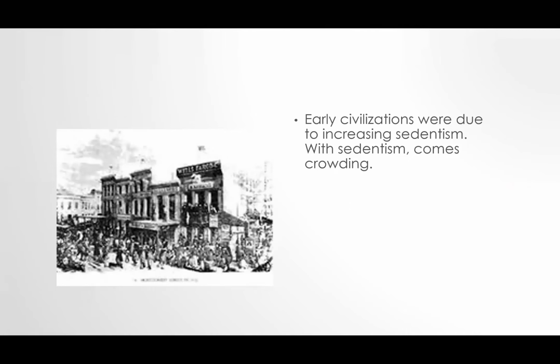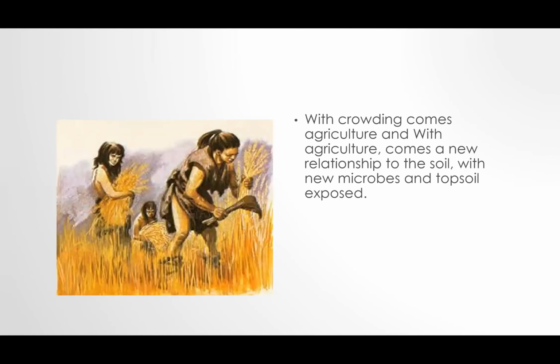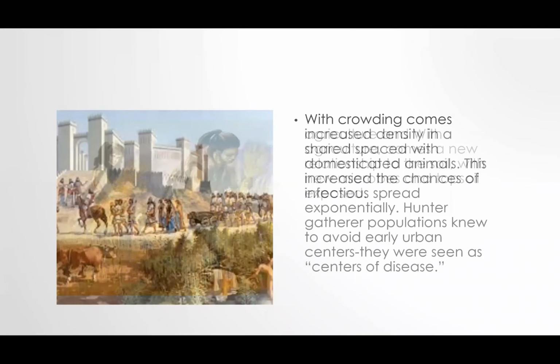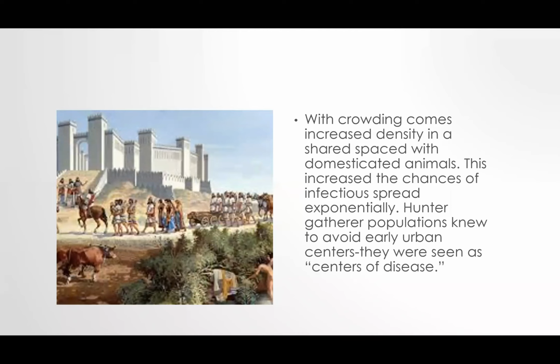With sedentism comes crowding. With crowding comes agriculture, and with agriculture comes a new relationship to the soil. There are new microbes, and the topsoil is now exposed. With crowding comes increased density in a shared space with domesticated animals. This increased the chances of infectious spread exponentially.